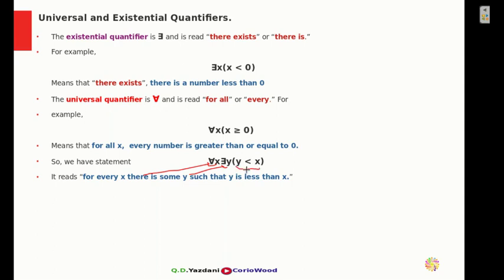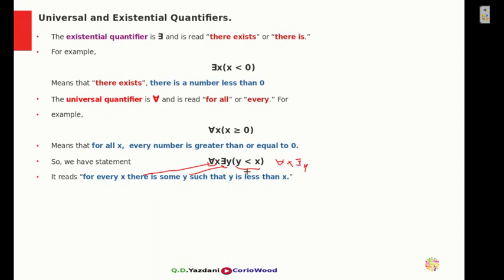Why there is a y? Because we put it here, there exists. Sometimes when you see this, it says there exists, and sometimes it says there is. So now we're going to read it as there is.